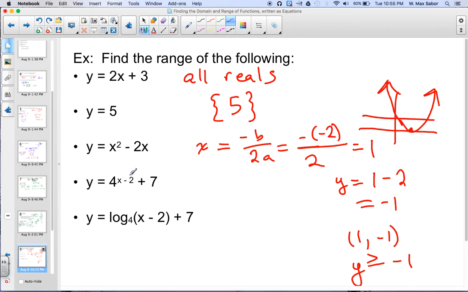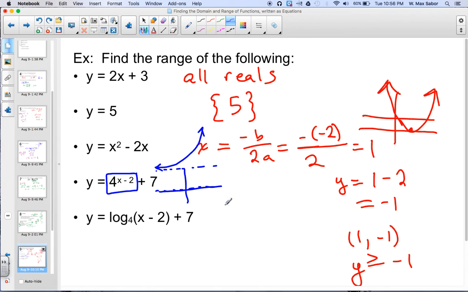Here, we don't really need to worry about the exponential piece. We do need to know that it's exponential, but the important thing is that 7 shifts the typical asymptote, which would be at y equals 0, up to y equals 7. And because this is 4 to the x minus 2, it's still increasing and above the asymptote.